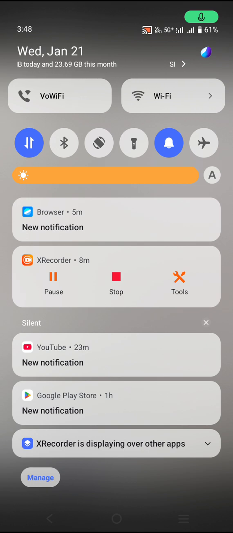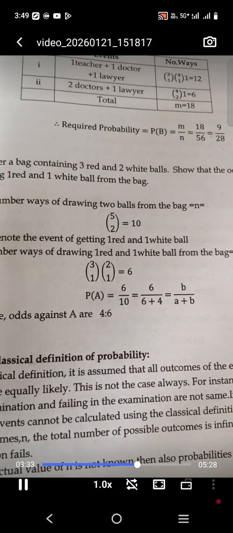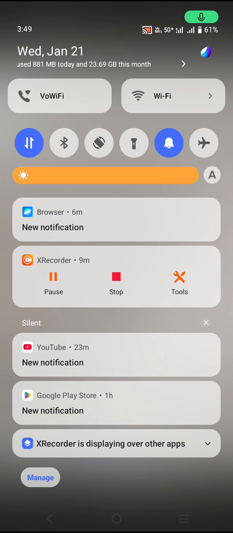The favorable number is 6 and the total sample space is 10, that is 6 by 10, which is 6 divided by 6 plus 10, that is B divided by A plus B. And therefore the odds against A are in the ratio 4 to 6, and we find the probability in this example.